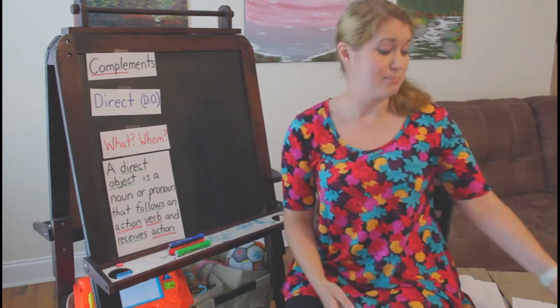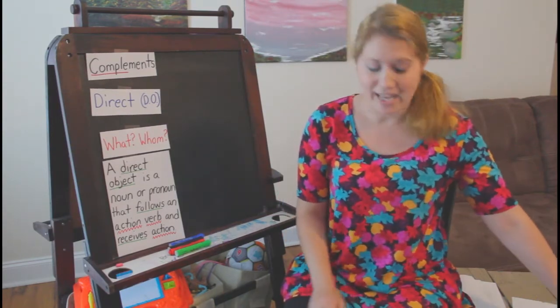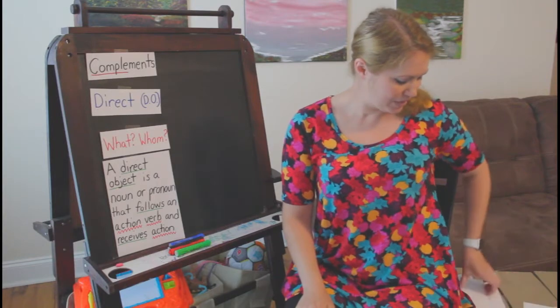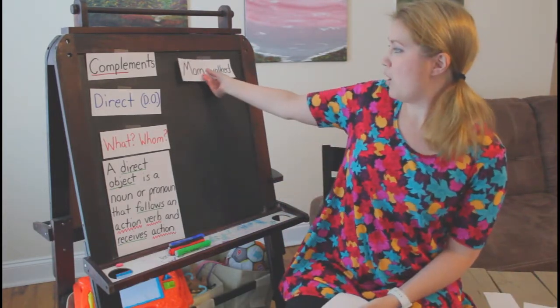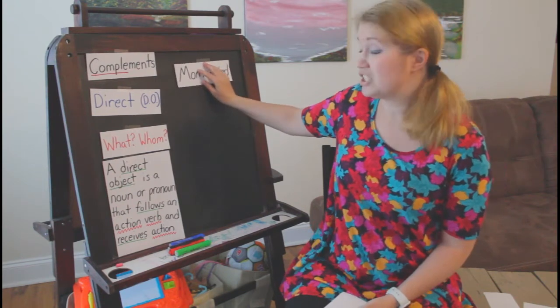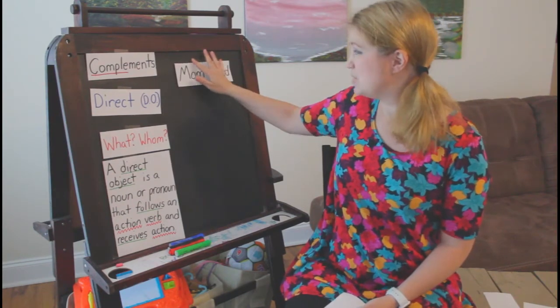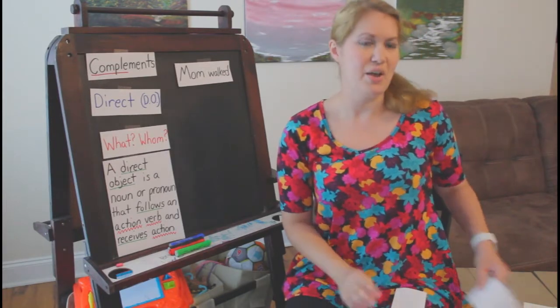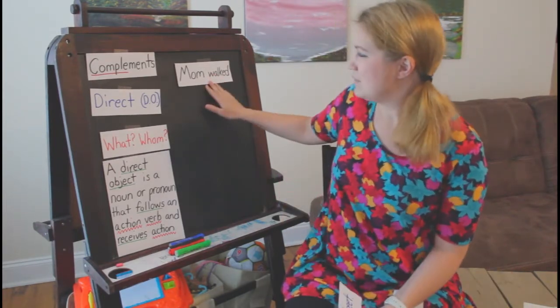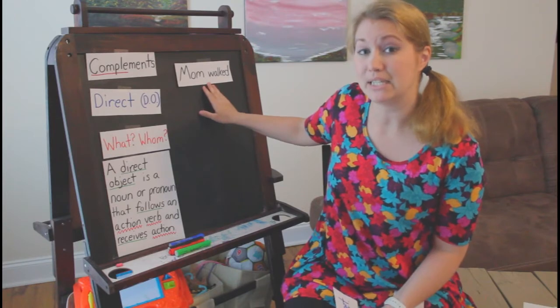We're going to focus mostly on the second half of your page. I have a sentence beginning, Mom walked. Now, this one actually does have a subject and a verb, so it could be a complete sentence, but I want to know how to make this sentence more complete.